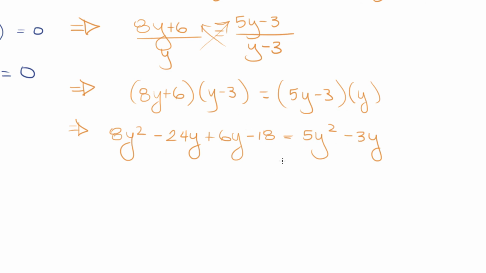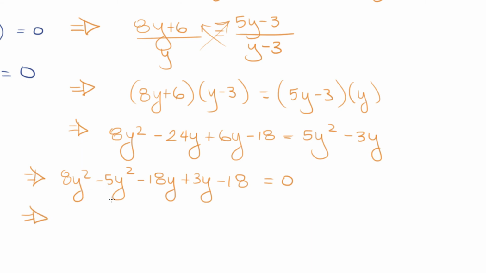Now you have this entire quadratic that you have to set equal to 0. Let's do that. 8y squared minus 5y squared. Negative 24y plus 6y is negative 18y. If you add the 3y to the left side, you have plus 3y, minus 18 equal to 0. Now, 8y squared minus 5y squared is 3y squared.